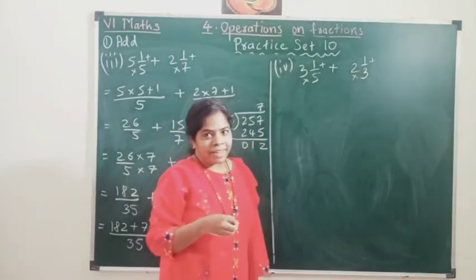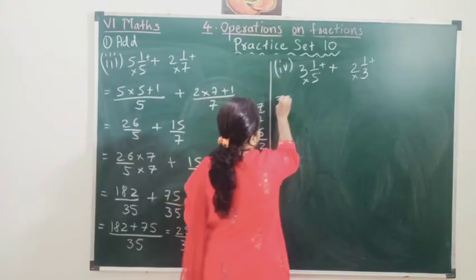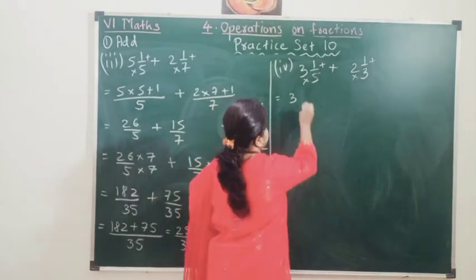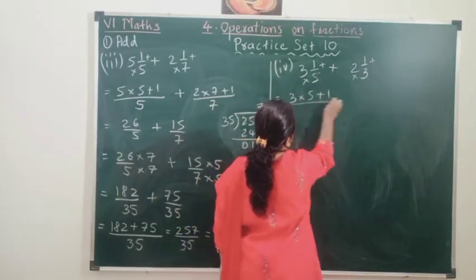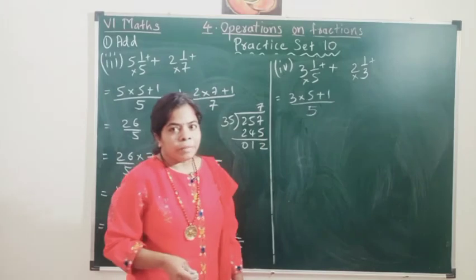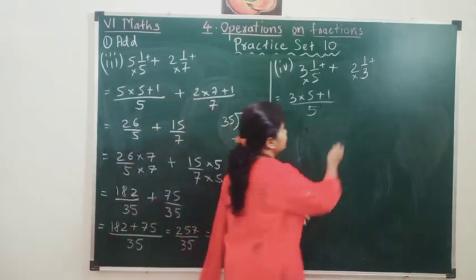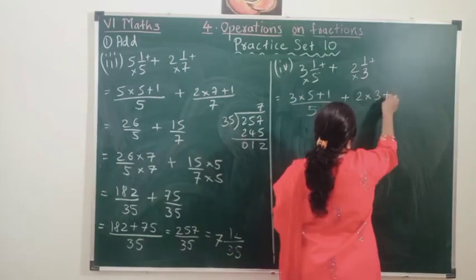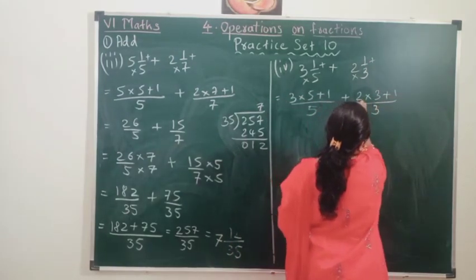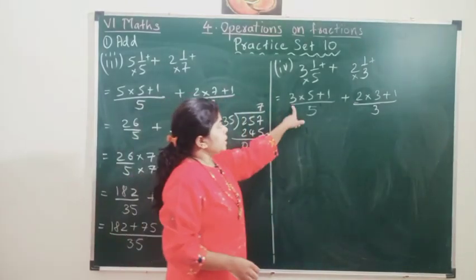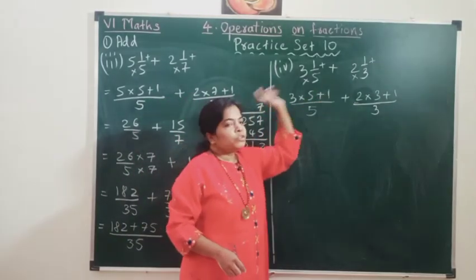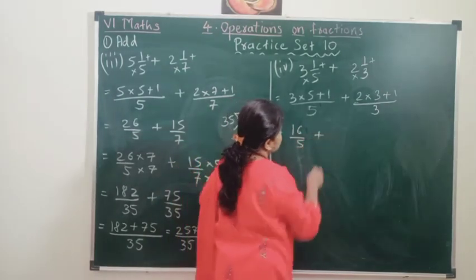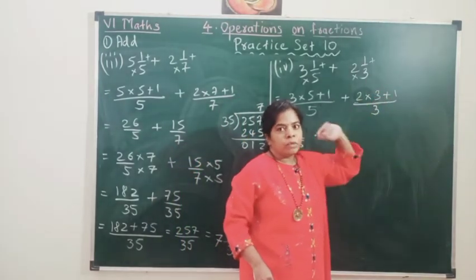Into and plus again, let's write 3 into 5 plus 1. Denominator remains the same. 2 into 3 plus 1. 3 5s are 15 plus 1, 16. 2 3s are 6 plus 1, 7.